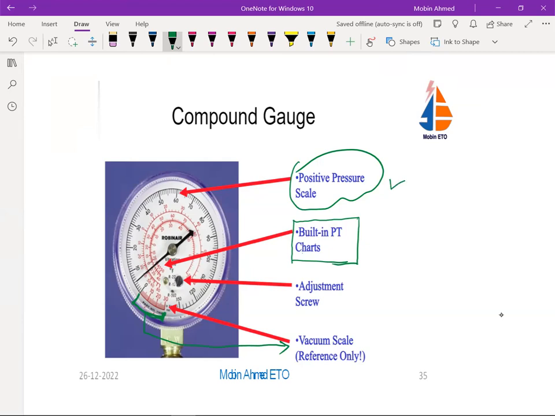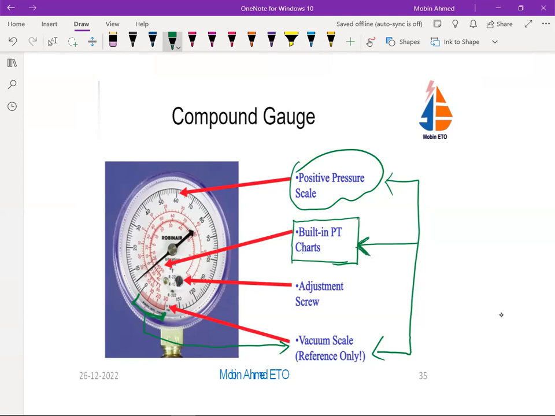The main thing: a compound gauge will generally have these two things 100%, a vacuum scale plus the positive scale. And in some cases, 99%, it is going to give built-in PT charts also. So you can compare what the pressure or temperature should be, and whether it is having a correct pressure and temperature or not.